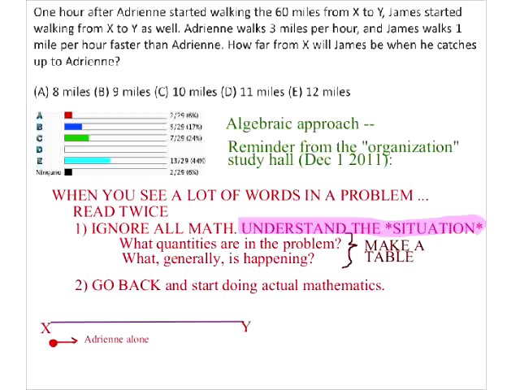And then once she reaches a certain point, James starts walking. So she's here, James is here, and then they get to the same point because James is walking faster. And this is what's happening in the problem. So this is the situation.